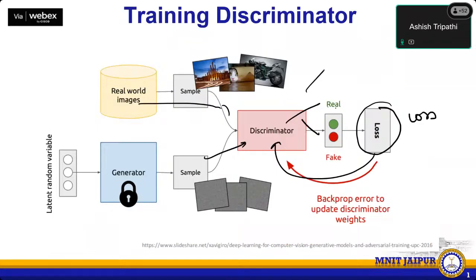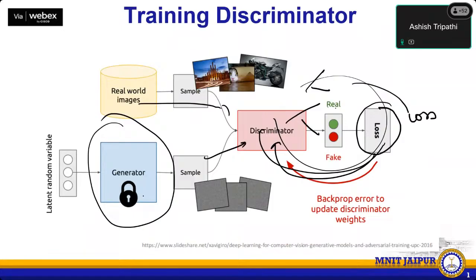It will classify the real and fake, calculate the loss, and backpropagate itself. So it will keep on training, and here you can see in the image we have locked the generator. We are not training the generator at the same time. It is being stopped at this moment.